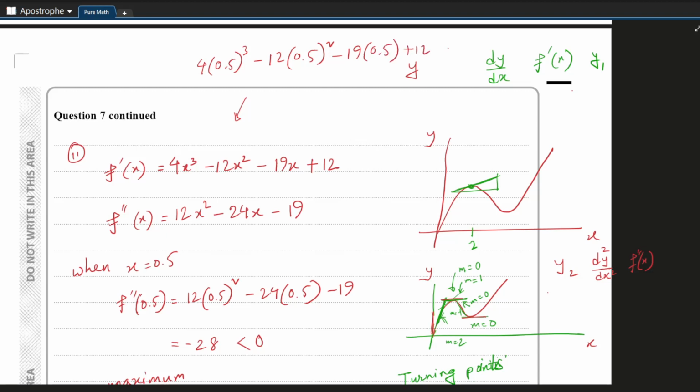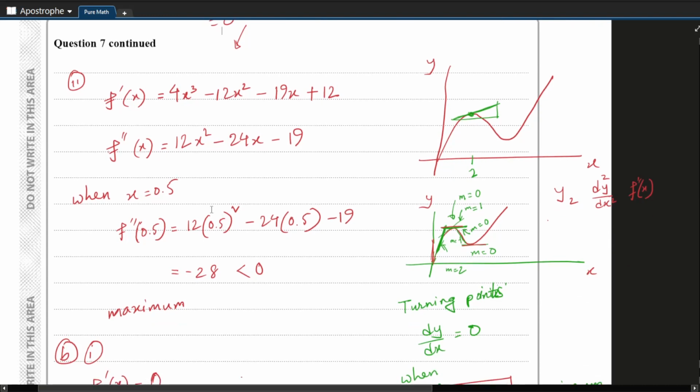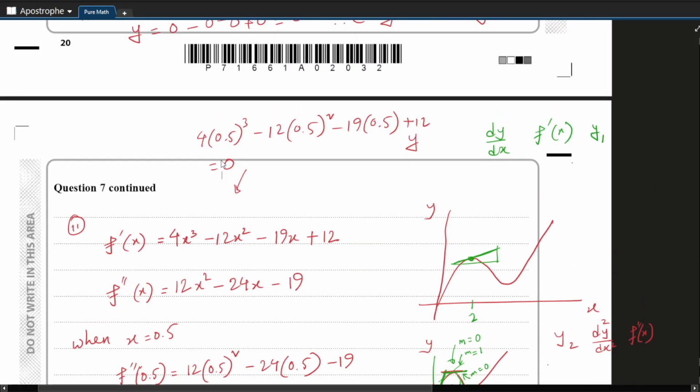If I plug that into the equation, it comes out as 0. Now, how do we know that one of the factors is this without testing?